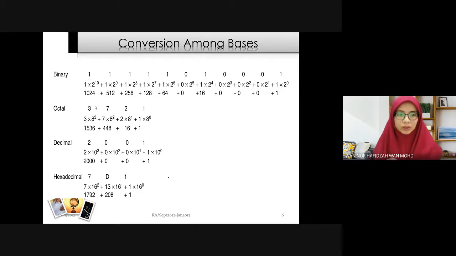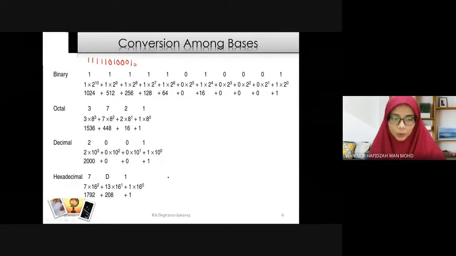Let's look at this one by one. So when we have this binary number, what number do we have? 1 1 1 1 1 0 1 0 0 0 1 base 2.